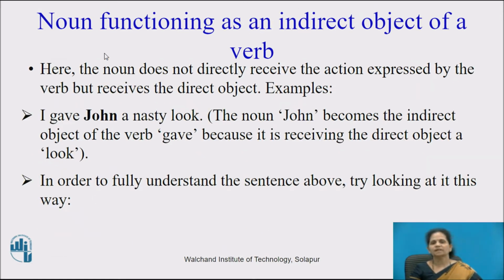Noun functioning as an indirect object of a verb. Here, the noun does not directly receive the action expressed by the verb, but receives the direct object. The example is: I gave John a nasty look. The noun John becomes the indirect object of the verb gave because it is receiving the direct object, a look.